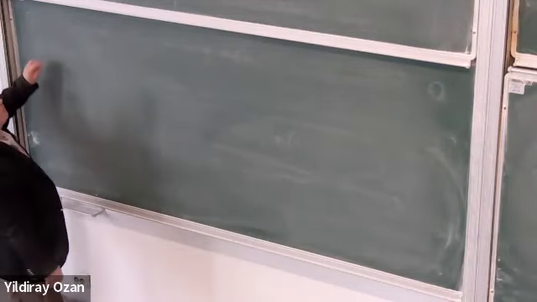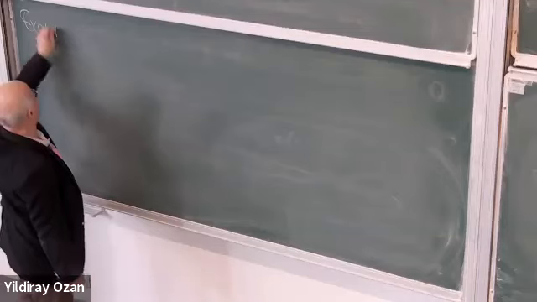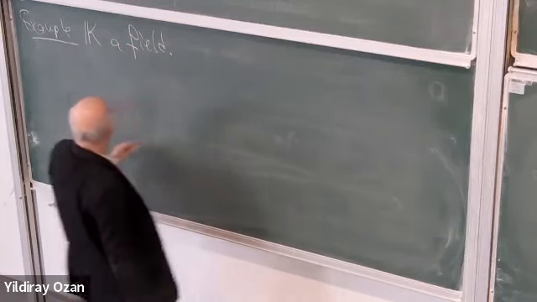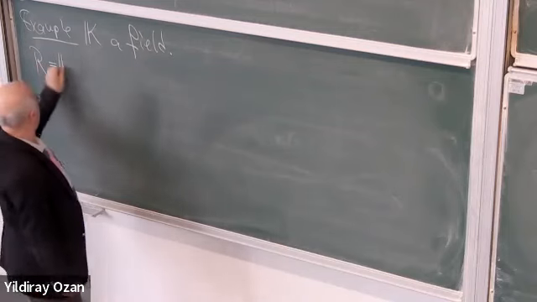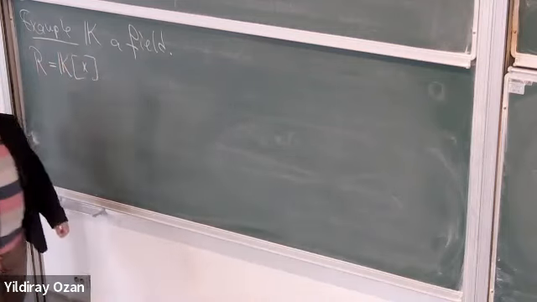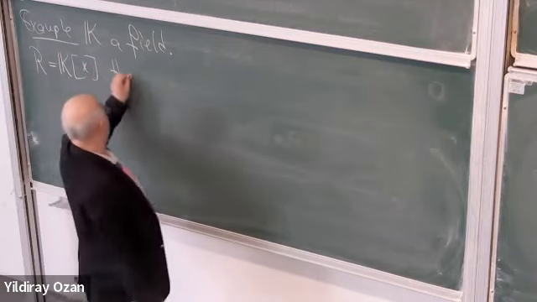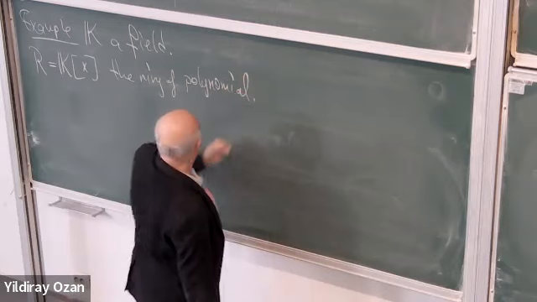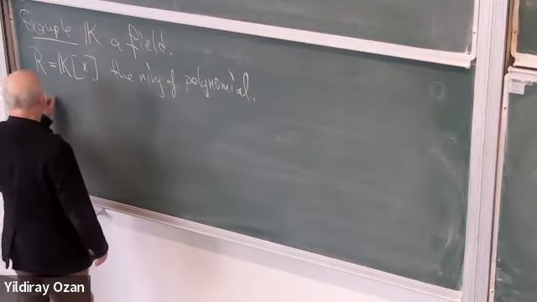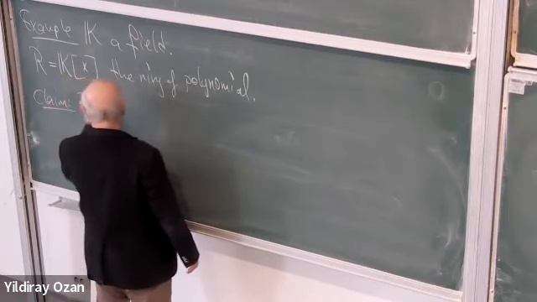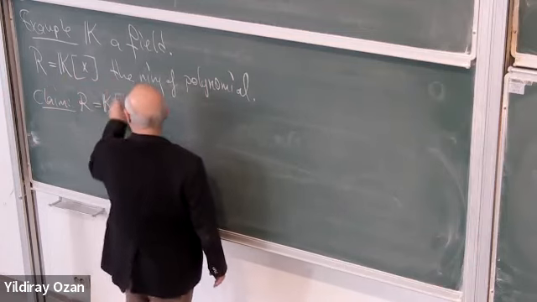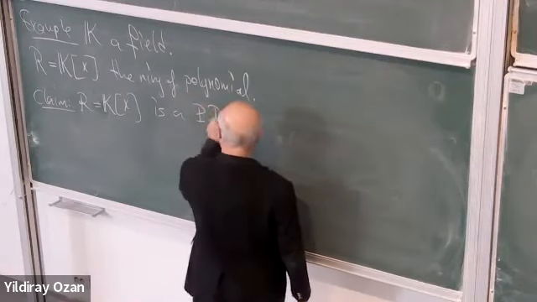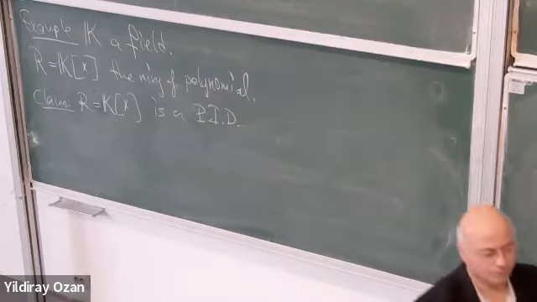And the second one is another example. So let K be a field, and R to be the ring of polynomials. So the claim is R is a PID, so the polynomial ring over the field is a PID.